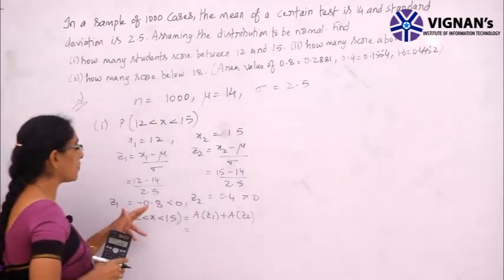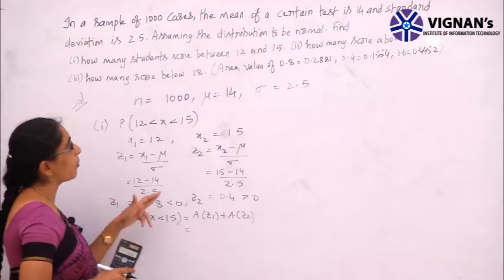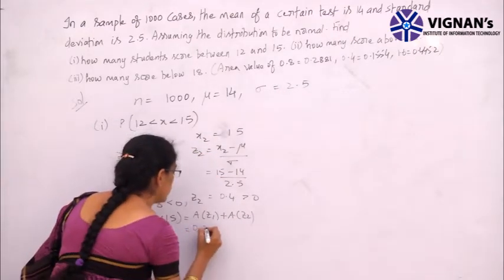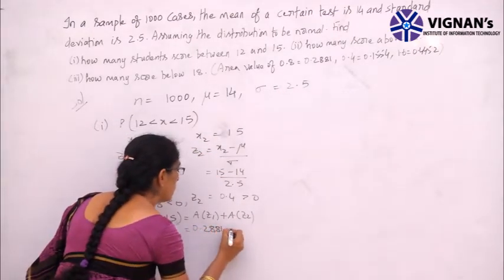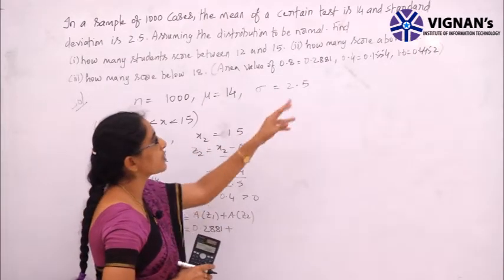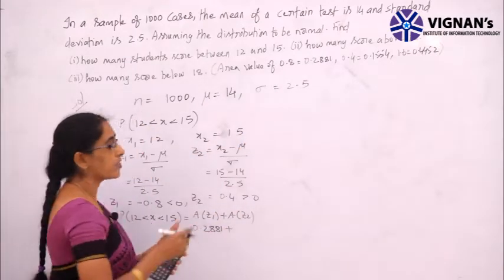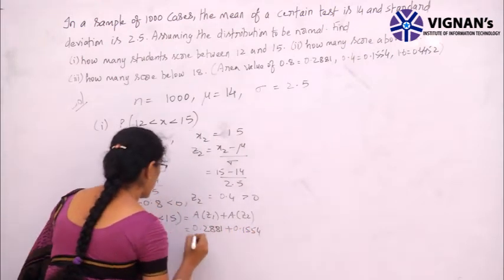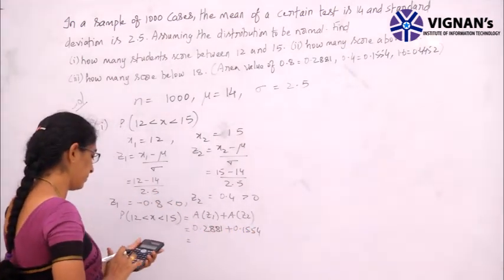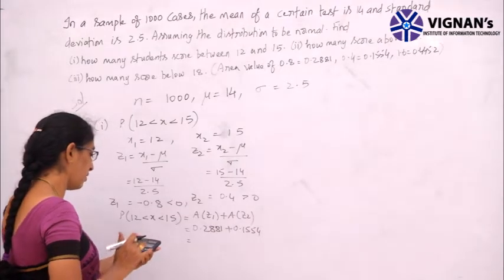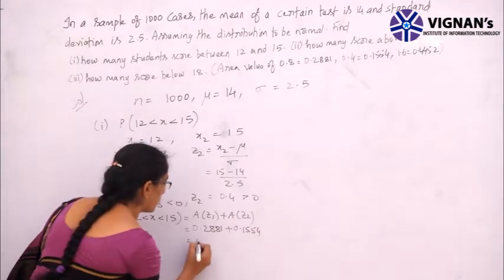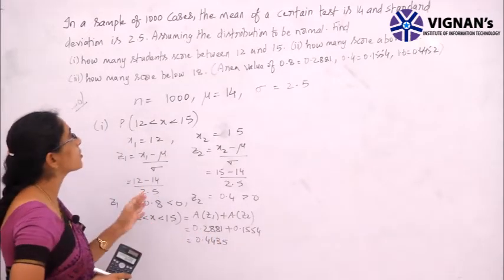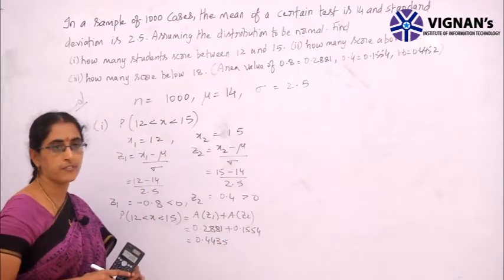Now here area of Z1, means area value of 0.8 is given in the problem as 0.2881, plus the area value of 0.4 is given as 0.1554 here. So it is 0.4435. So the probability that the students score between 12 and 15 is 0.4435.